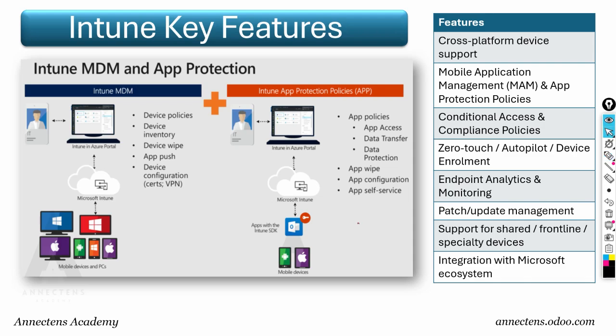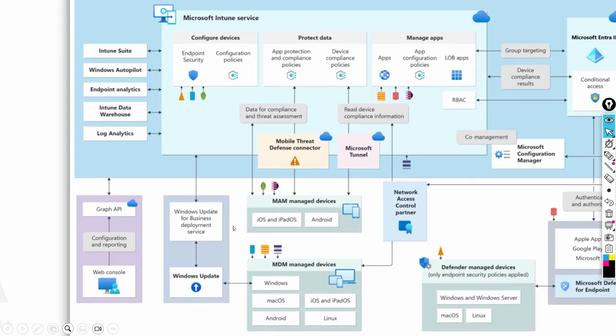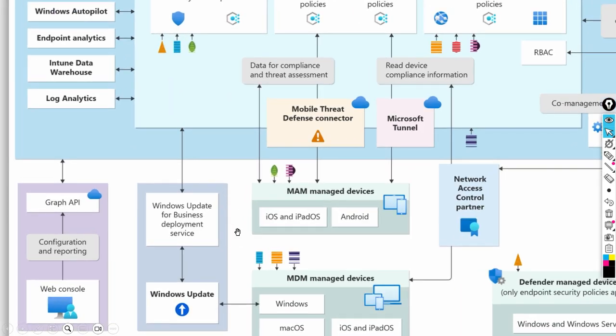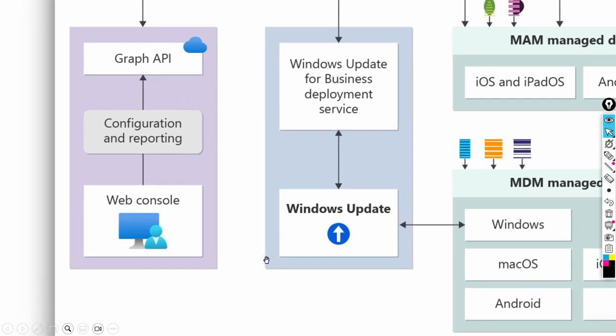Now this is the whole architecture. This is how it looks. I will just zoom in so you guys can see it better. This is the web console. With Intune, we don't need to install anything on any server or on the machines.